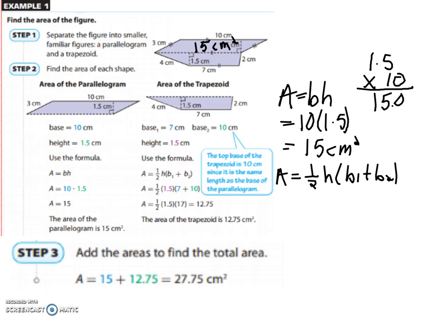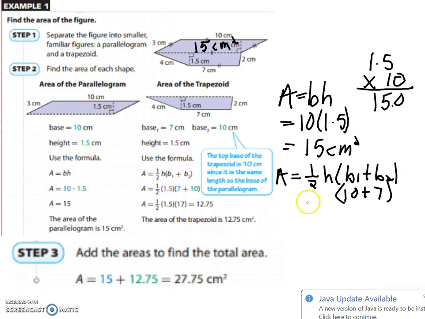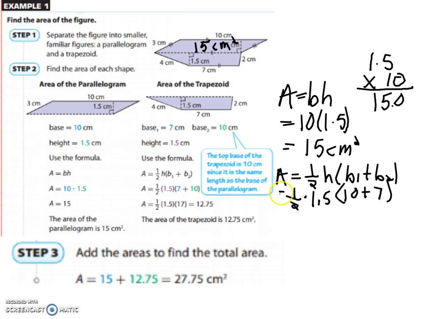So we have 10 plus 7 are my bases, which is 17. 17 times 1.5 and times 1/2.